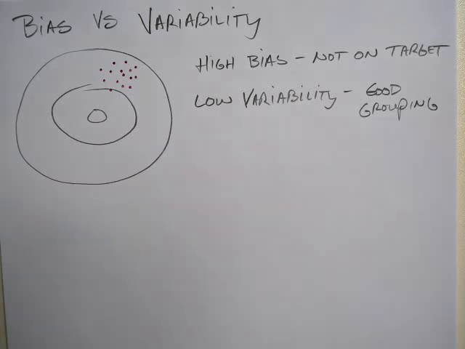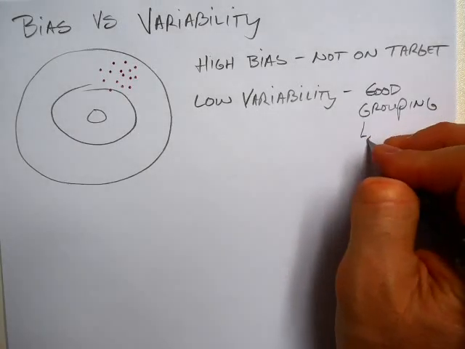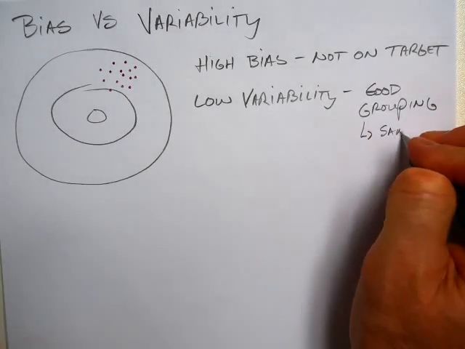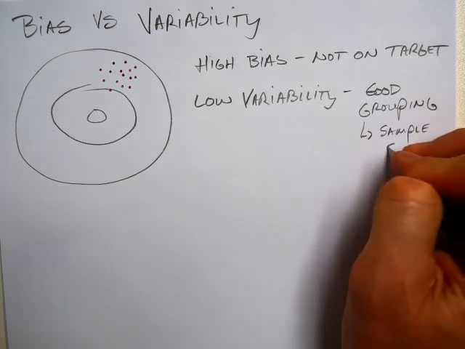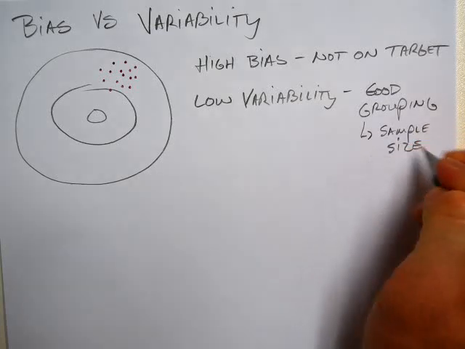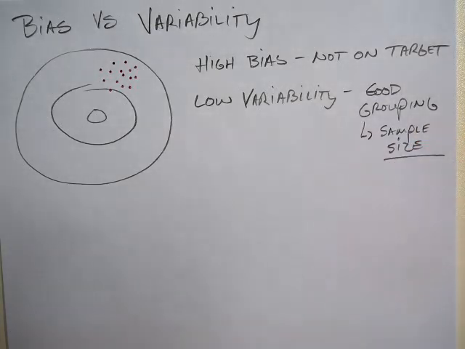Where does the good grouping come from? Sample size. The good grouping comes from sample size. If your sample size is big enough, your grouping should be good. You're reducing your variability.